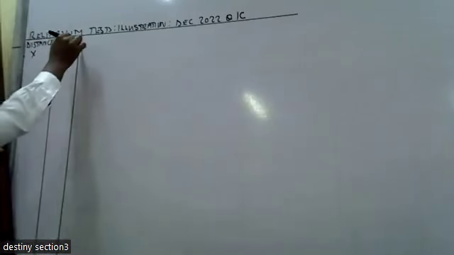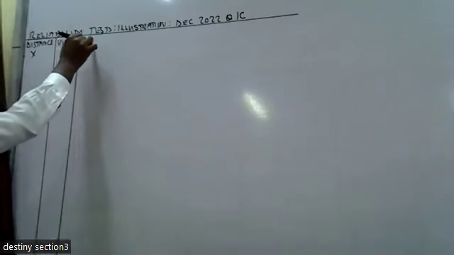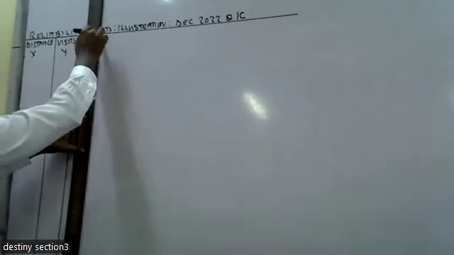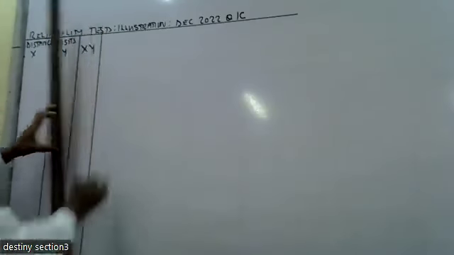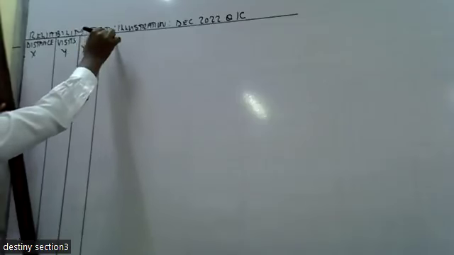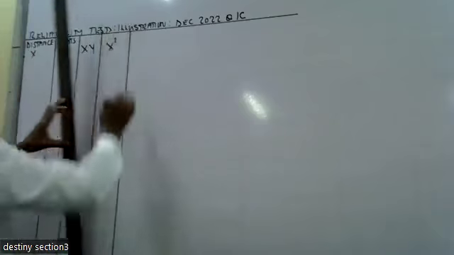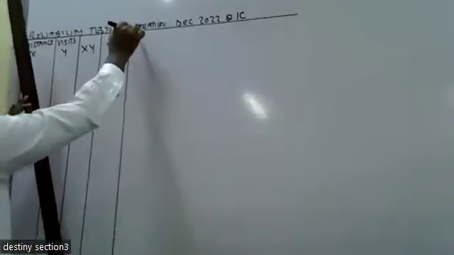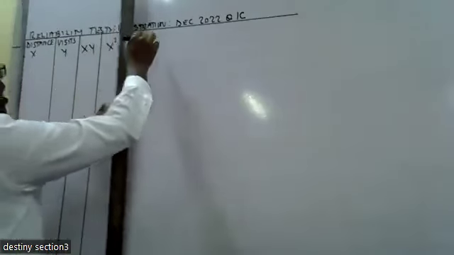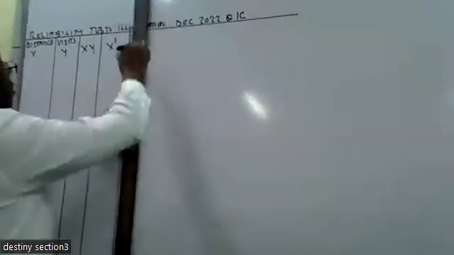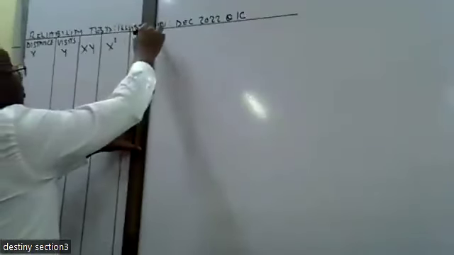Then I will have a column where x is multiplied by y, a column where x is squared, and a column where y is squared. I need y squared. So there may be 12 columns.